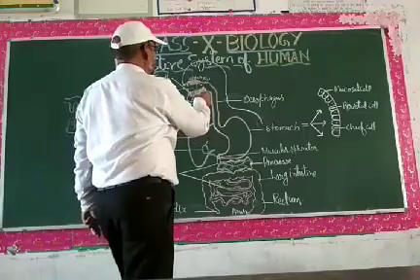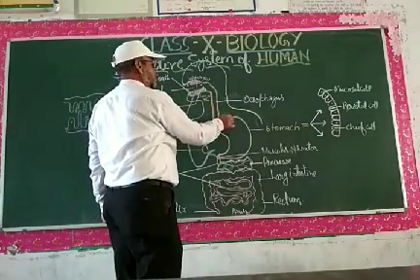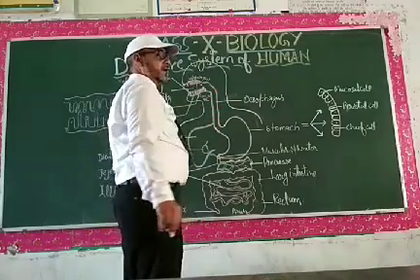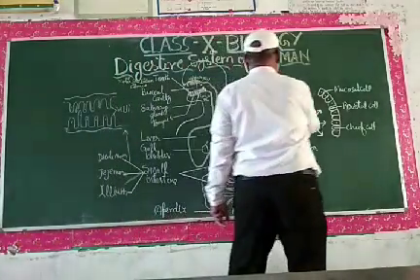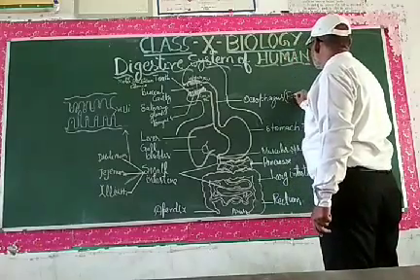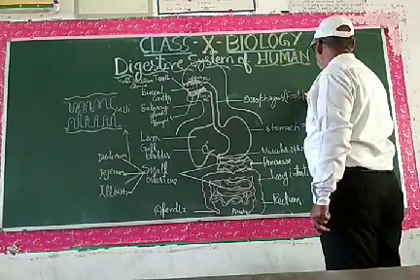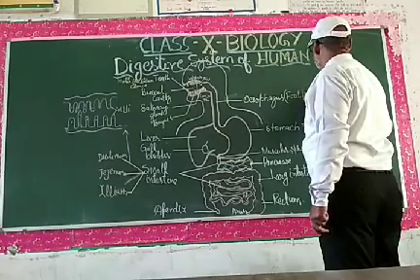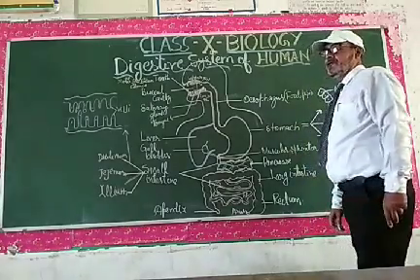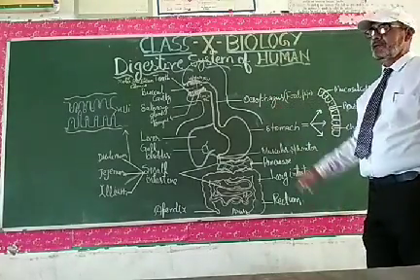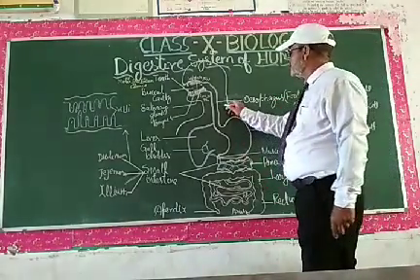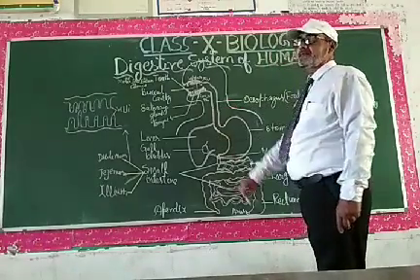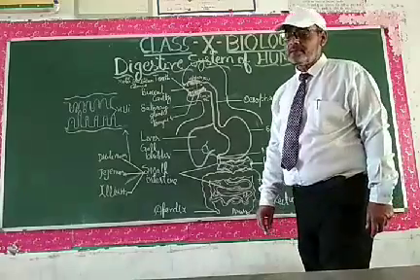This buccal cavity leads to the stomach via a long tube that is called the esophagus or food pipe. The lower class students told you this is the food pipe, but now in standard 10th you have to say this is the esophagus, and there is esophageal movement. This movement is called peristaltic movement.